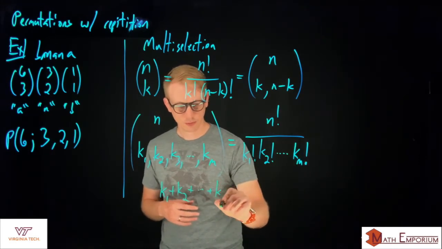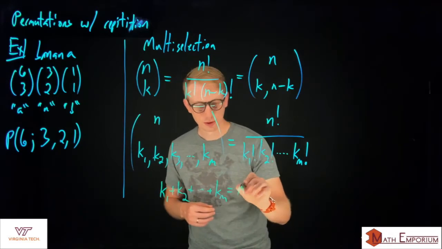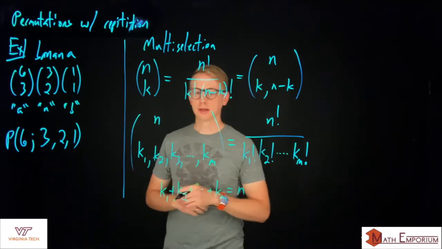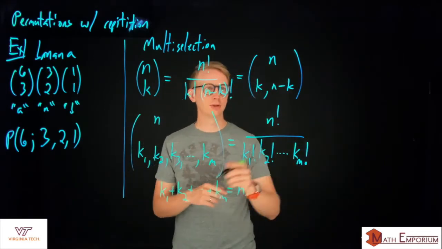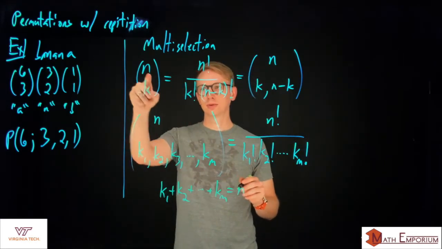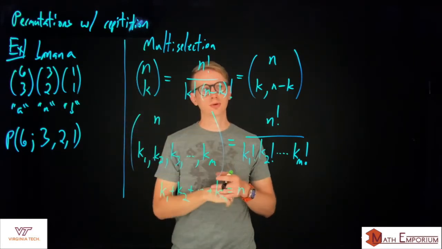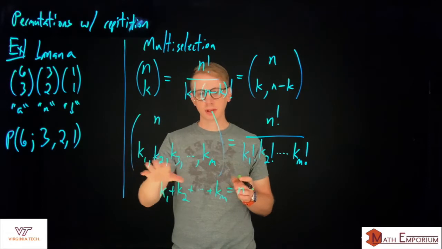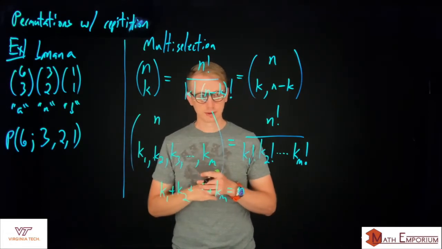While we could deal with it, it would be considered bad manners to not have your numbers add up to n. If they don't, then intrinsically there's going to be an extra factorial for that leftover. Exactly like n choose k, where k does not add up to n typically, and so there's a leftover group. But in this one we generally just put all the groups. That way it's crystal clear how that breaks down.